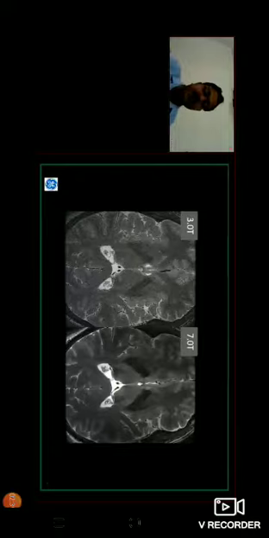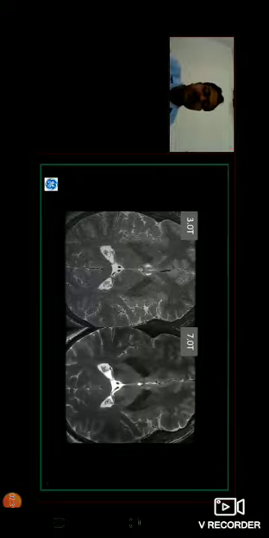Suppose the SNR is low, we can say that the images are grainy. And if the images are grainy, it is very difficult for the radiologist to diagnose diseases. So it is mandatory that we obtain images with sufficient SNR and sufficient spatial resolution within an acceptable scan time to obtain very good images.